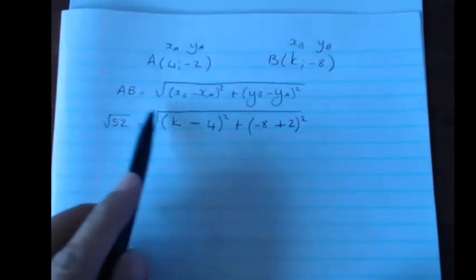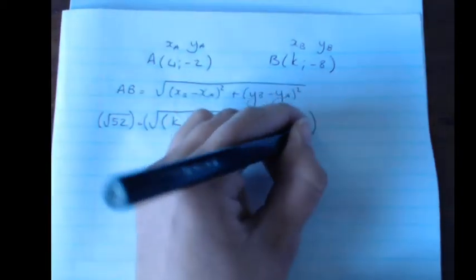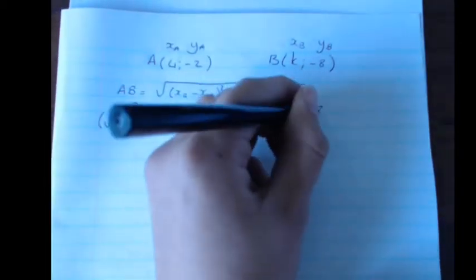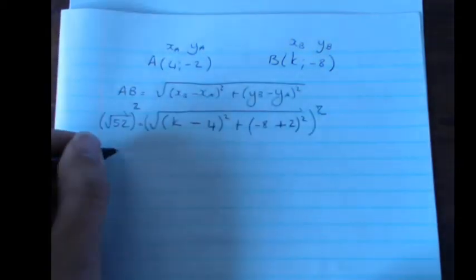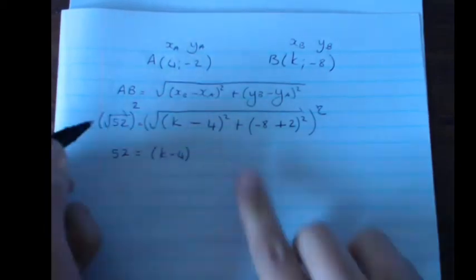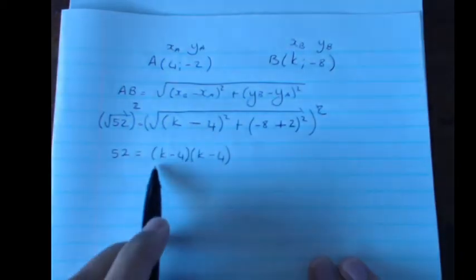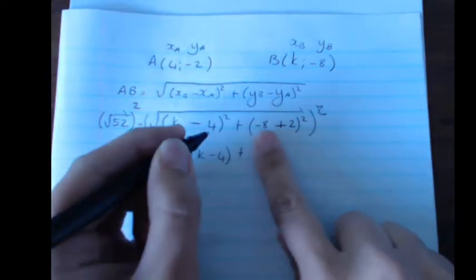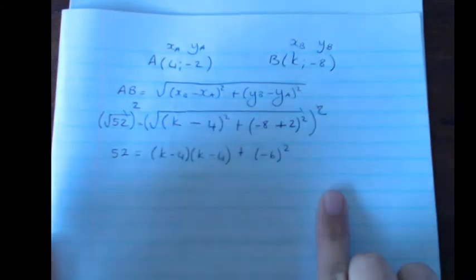Since there is a square root on both sides, to get rid of that I'm going to square both sides, and the square cancels the root. So I have 52 is equal to (k minus 4) squared plus (-8 plus 2) squared, which is -6 squared.